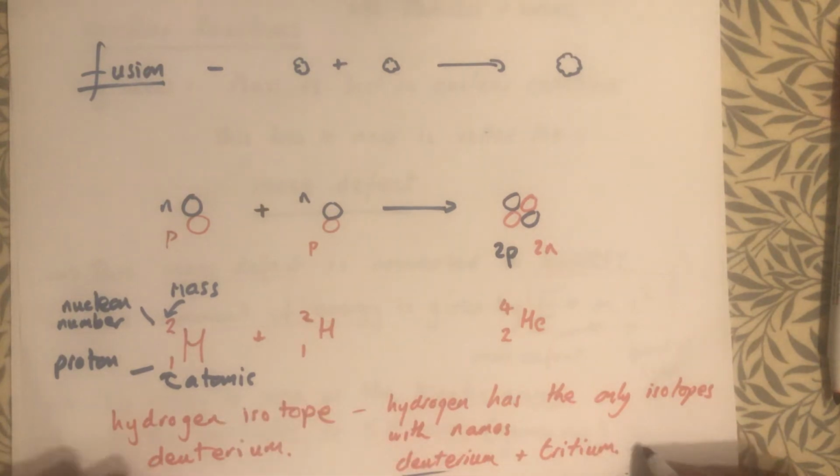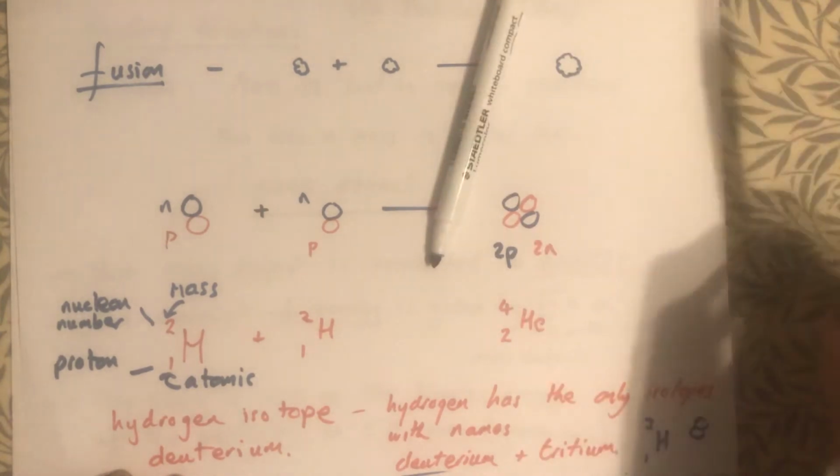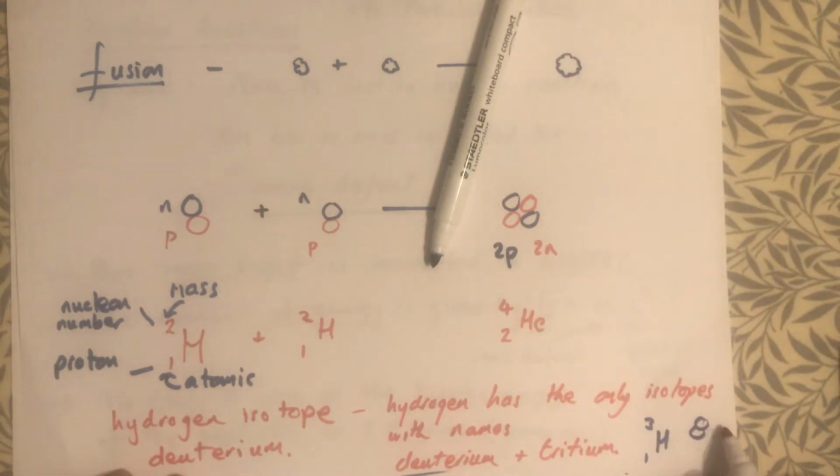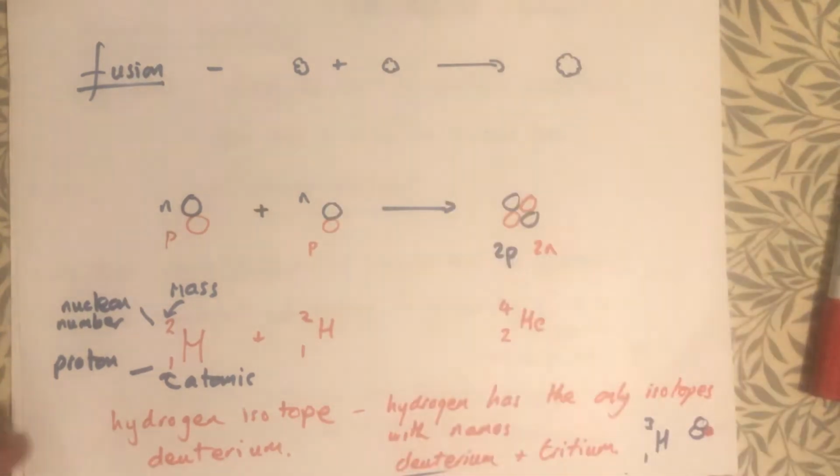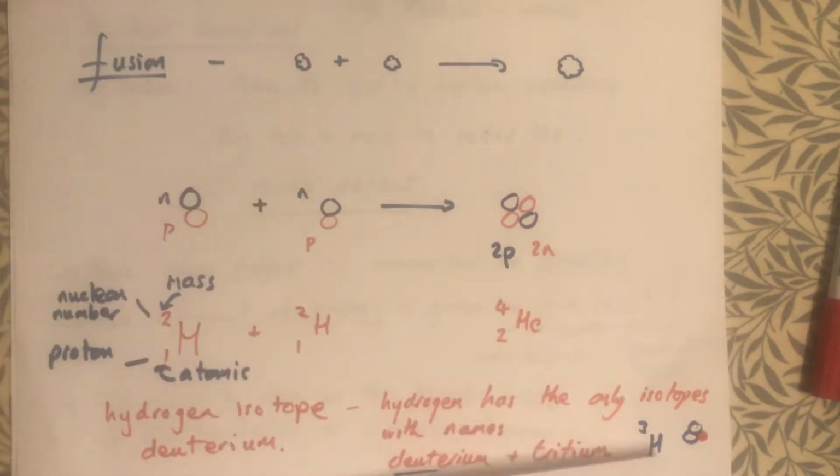Just for completeness, that's neutron, neutron, and proton. Tritium is the radioactive one that you get on watches and things like that. It's a much more radioactive hydrogen isotope.